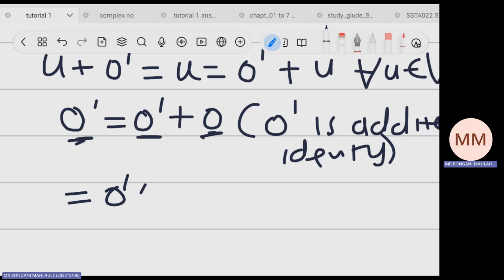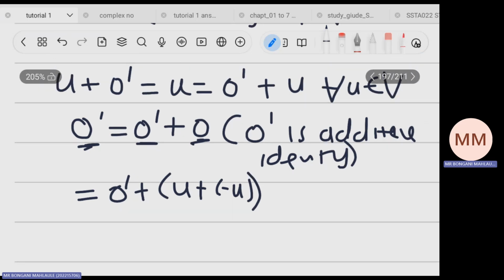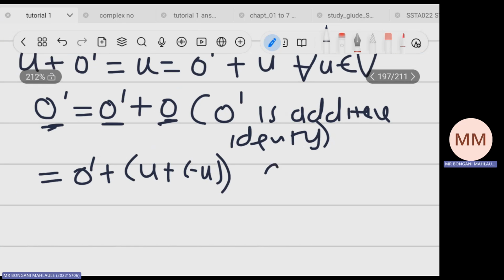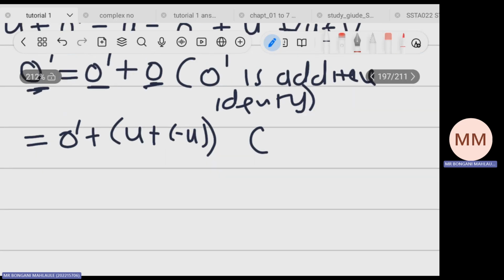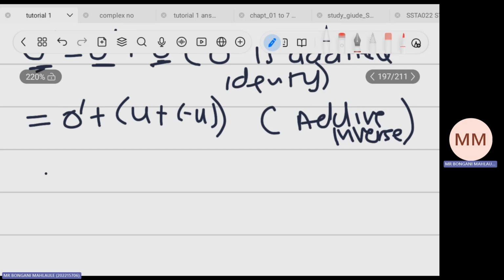Then we can apply the property of additive inverse and replace 0 with u plus negative u. Always you must write a reason when you are doing this. Then you will say by the additive inverse, and this will be 0 prime plus u.